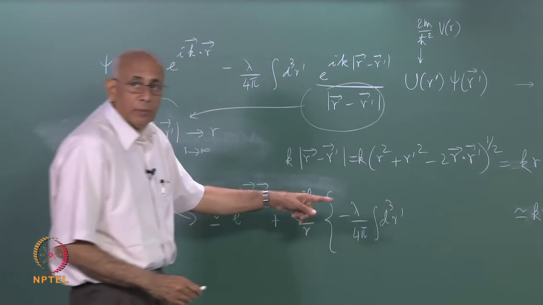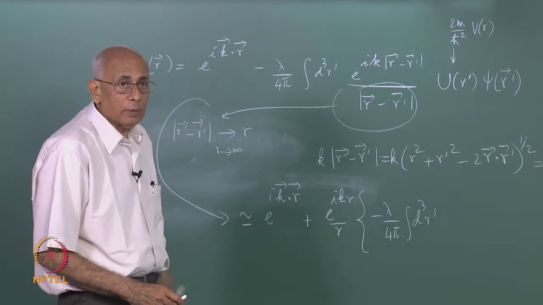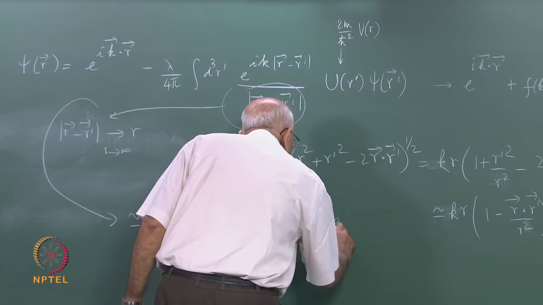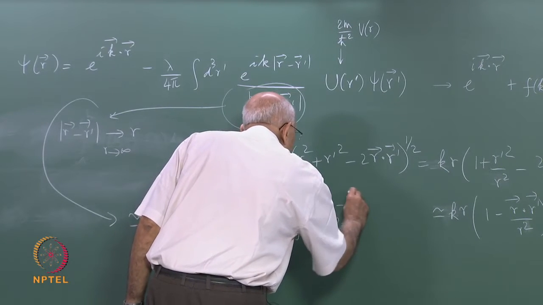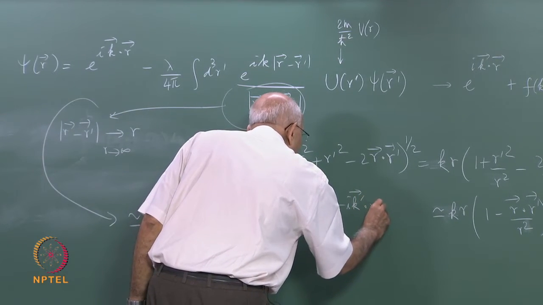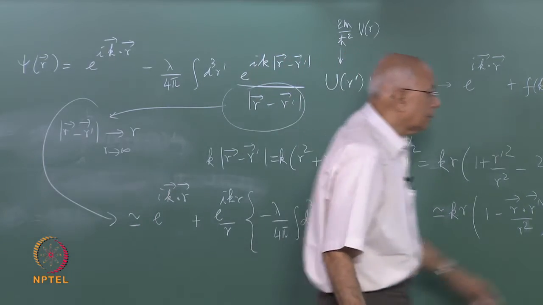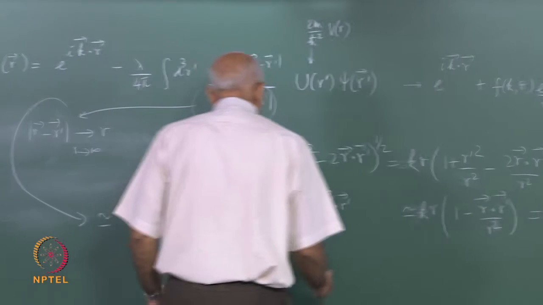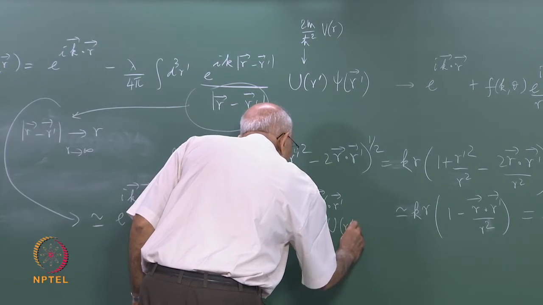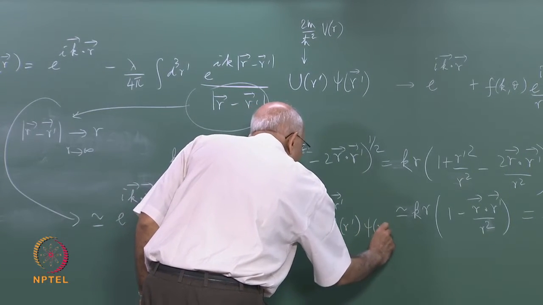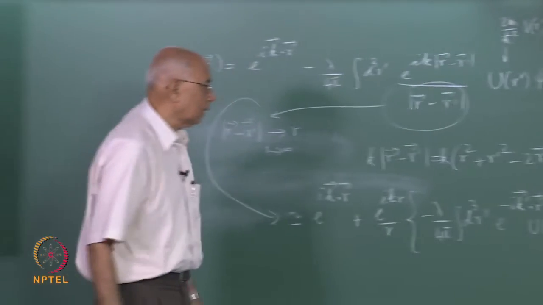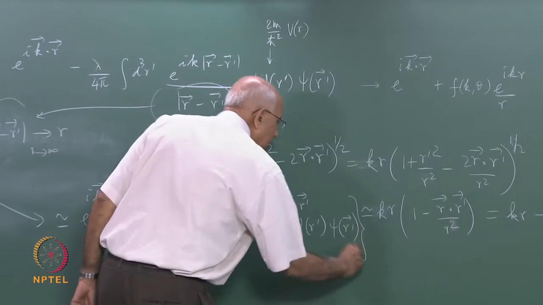You can't get away from that because r prime could be small. You have to integrate over all values of r prime, e to the power minus i k prime dot r prime, that is this term here, times u of r prime and then psi of r prime. Okay. The bracket is closed.